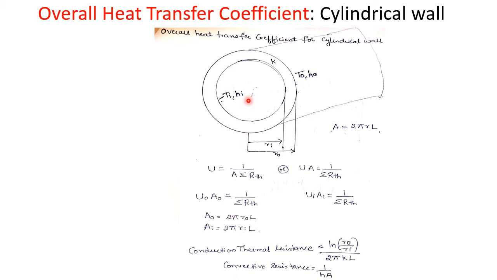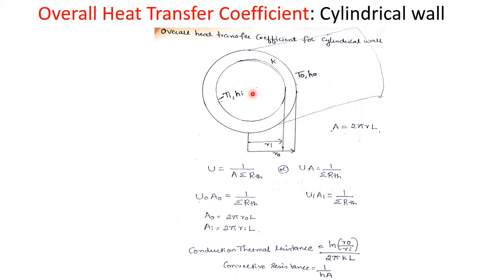And then from inner to outer cylindrical shells, by conduction heat transfer takes place here, and again then to the outer cold fluid which is maintained at temperature T0, again by convection heat transfer takes place from the outer surface of the cylinder.